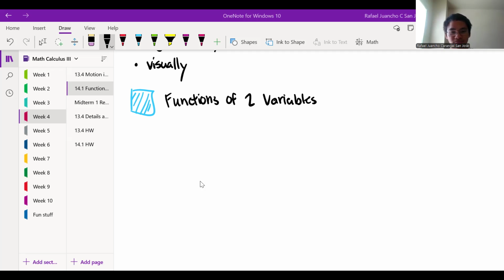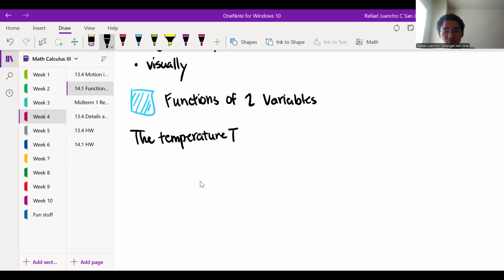Okay, let's see how this works. We have a temperature T at a point on the surface of the Earth at any given time that depends on the longitude X and latitude Y of the point.